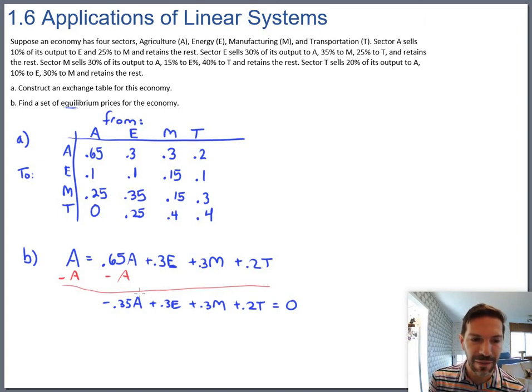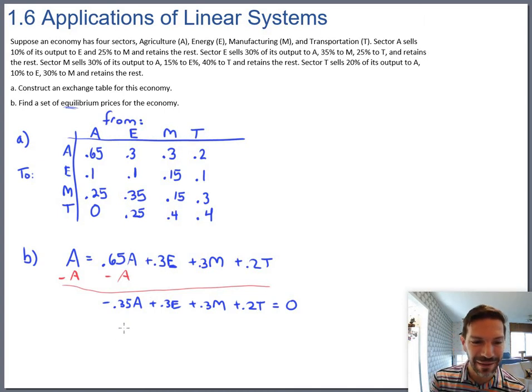If you allow me to skip a little bit, I'm going to say the next one would be E equals, and then I would subtract E from both sides and combine it with this 0.1 E over here. So hopefully this isn't skipping too many steps. If it is, let me know and I'll expand a little bit further.